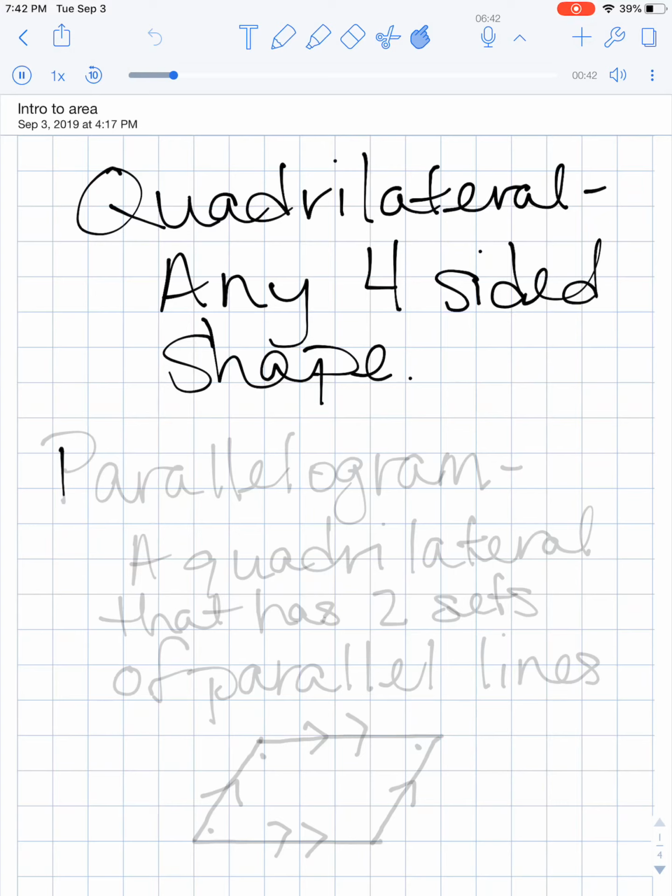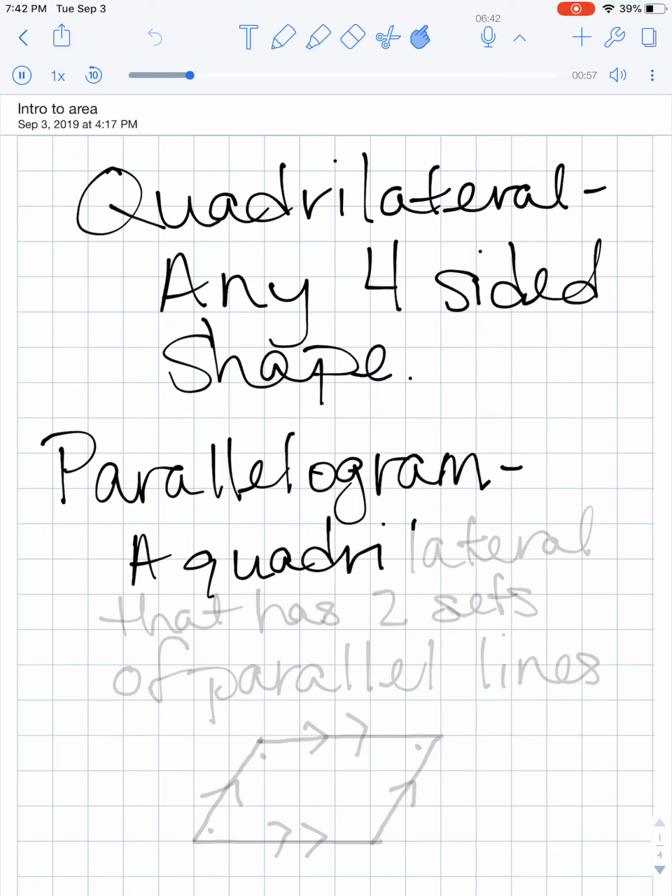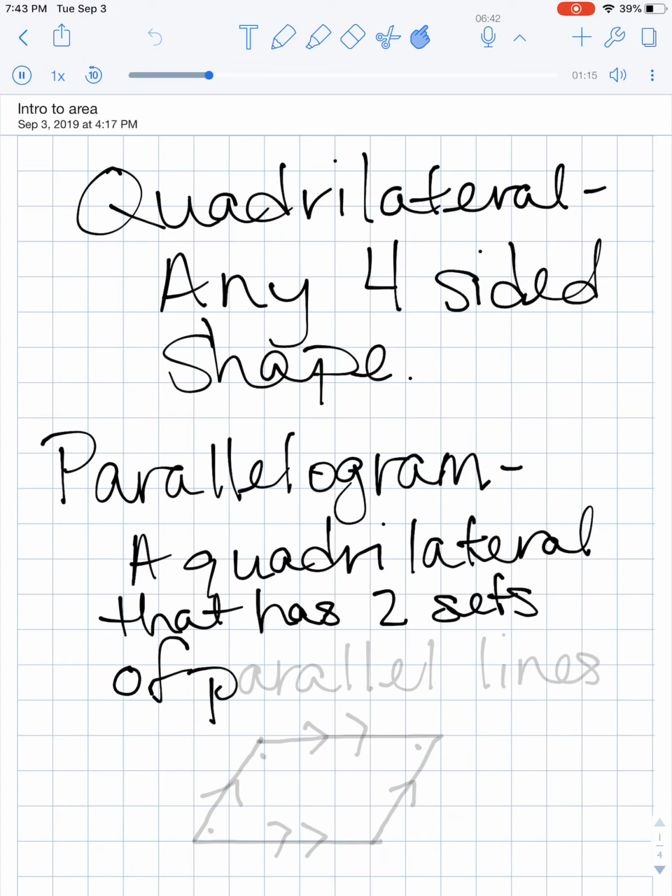Now, a parallelogram, that one's a little bit more specific. That one is a quadrilateral that has two sets of parallel lines.